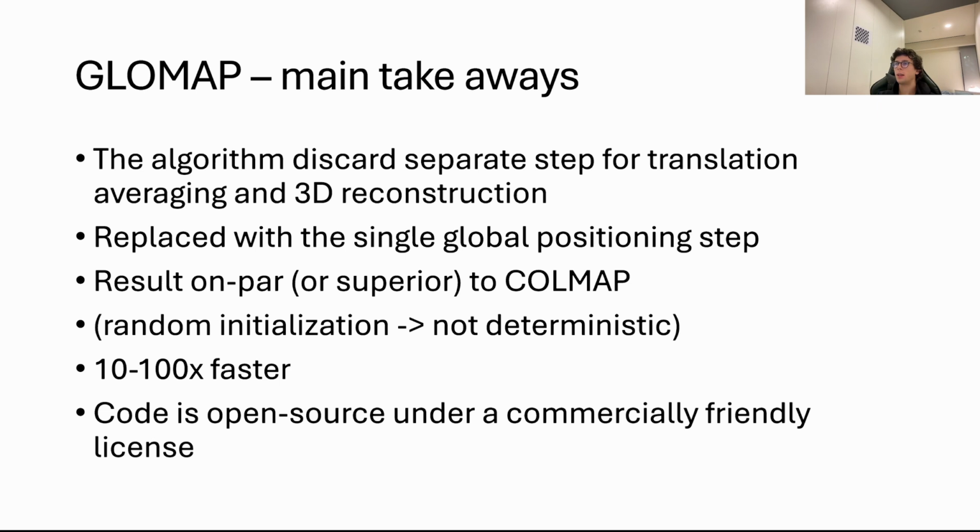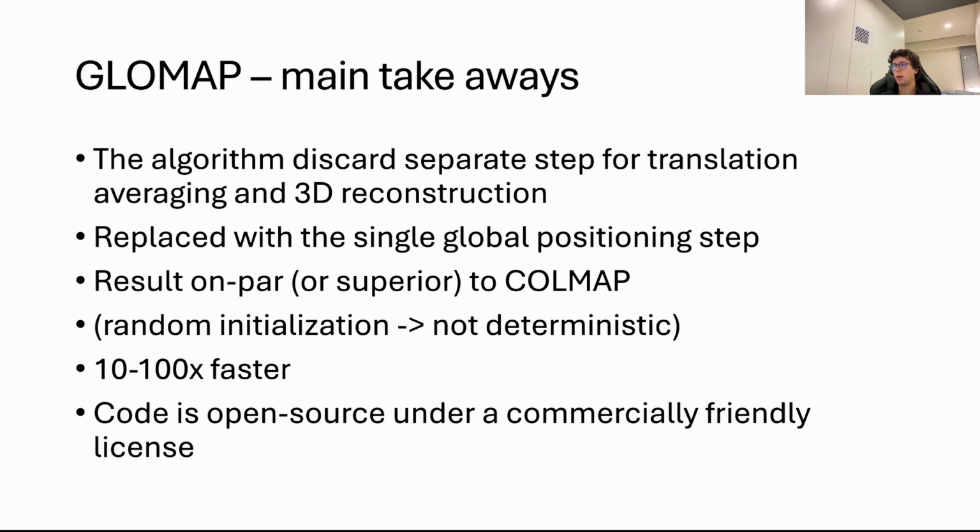And yeah, so I want to briefly conclude and give the main takeaways of this paper. The clever thing that they do is that they say, okay, translation is not working best.